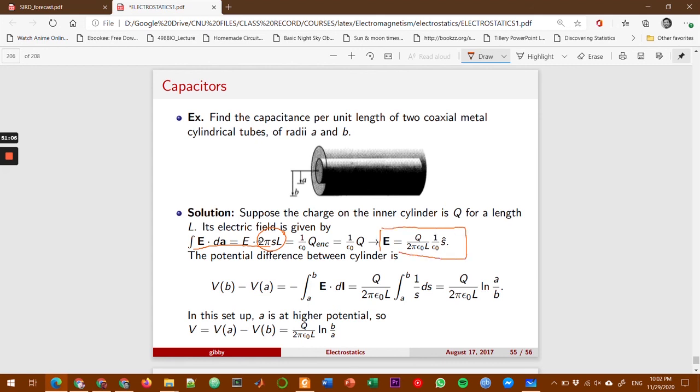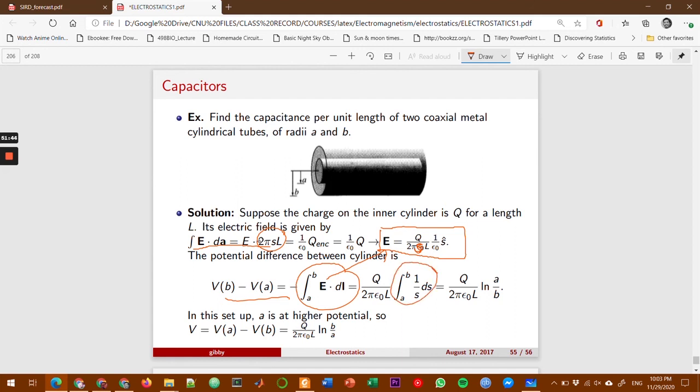That's the formula for the electric field anywhere, inside or outside, so this is generic. Where is the S? Actually, this is not epsilon naught in the 2 pi, this is S. So for the potential difference between the cylinders, you have this formula, then the electric field is given by this, you substitute, and you get this form.